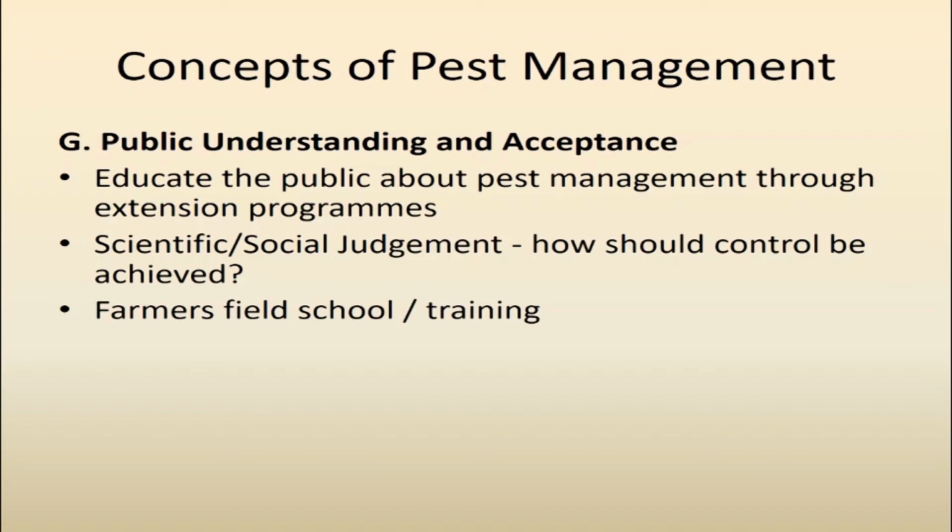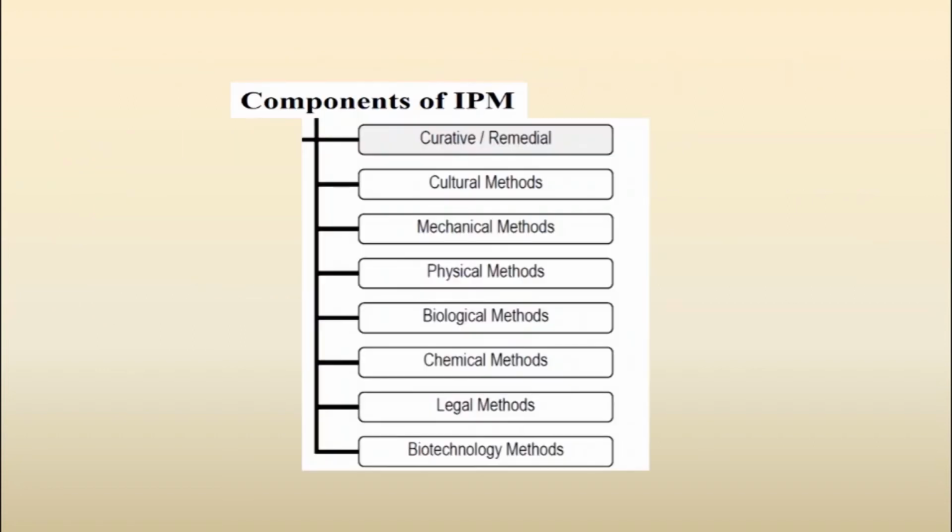It should be cheap, easily available to the farmer, and compatible with the farmer, and there should not be any limiting factor while applying these pest management tactics. This should be inculcated in the farmers by means of farmers' field schools or training programs, which are conducted from time to time by different organizations.